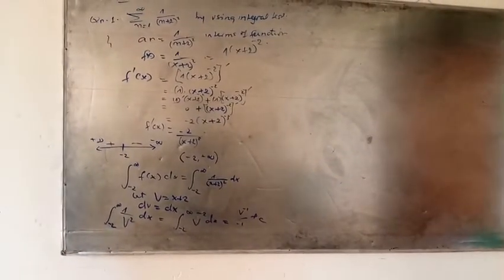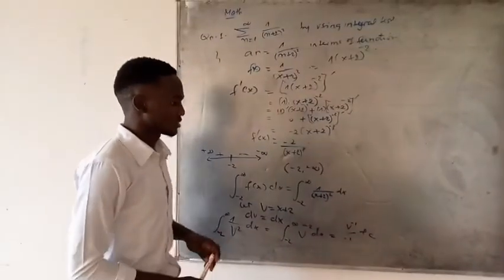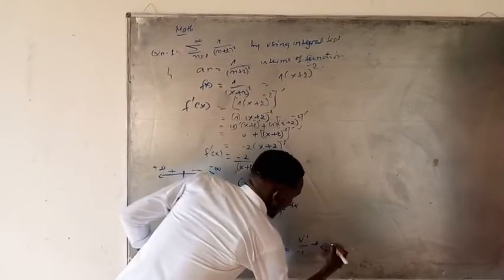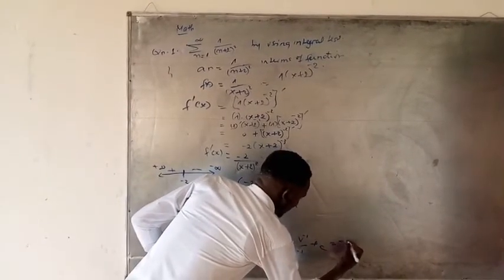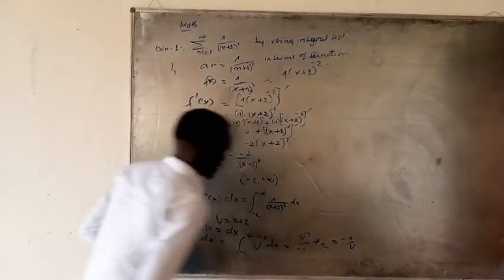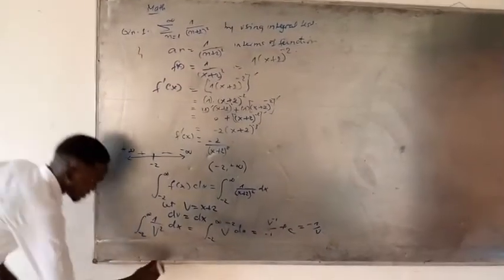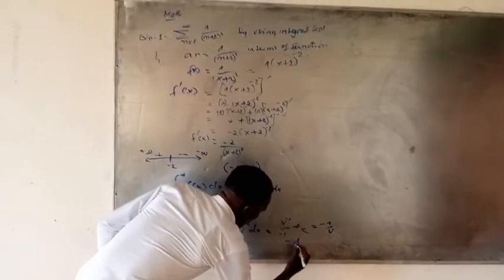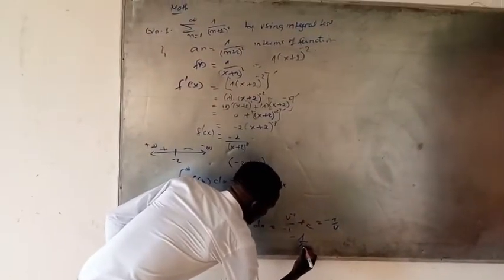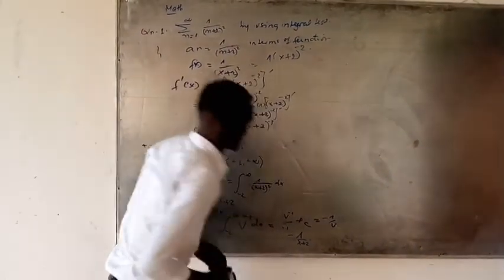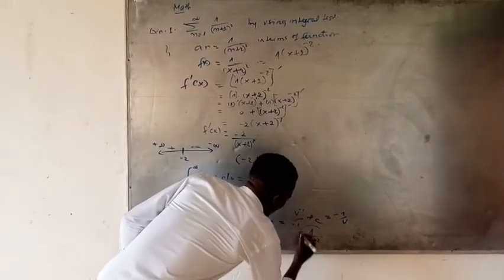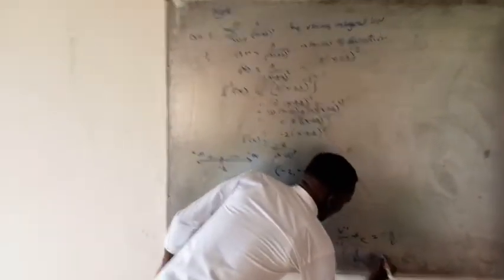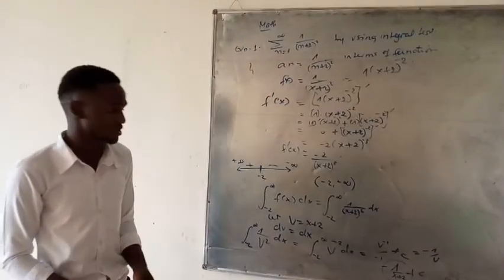Then replace your value in the function in order to get the point that you have. This will be equal to minus 1 over v, and this will become minus 1 over x plus 2. This is as a function. So you can write plus c here or not, where c is a constant.